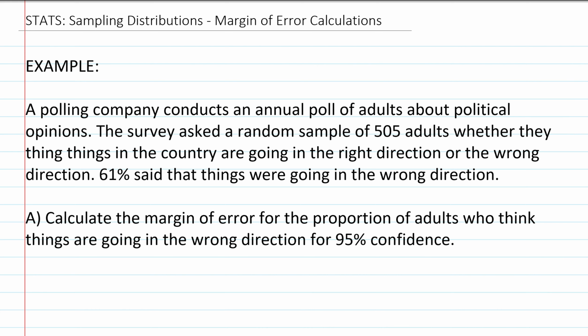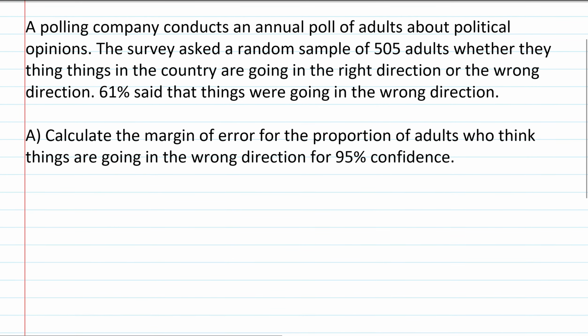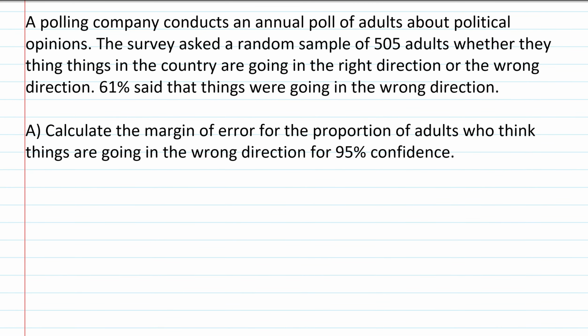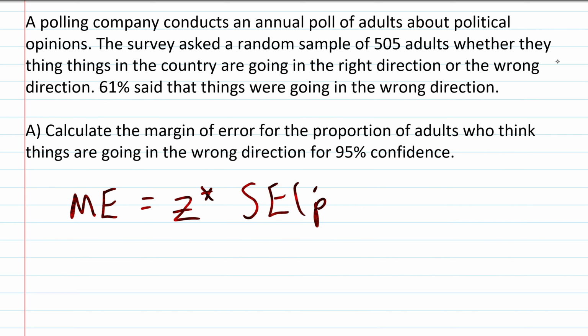Right, so what we're going to do here is just calculate the margin of error for the proportion of all adults who think things are going in the wrong direction for 95% confidence. All right, so we're going to use this formula, ME equals Z asterisk times SE of P hat.